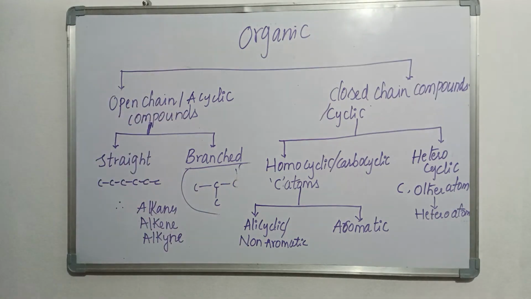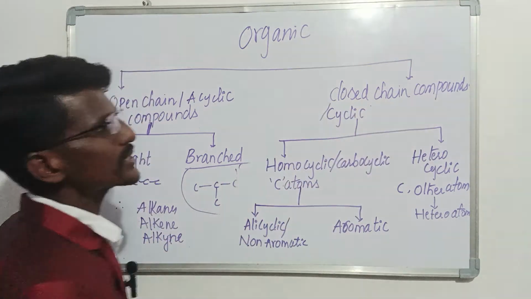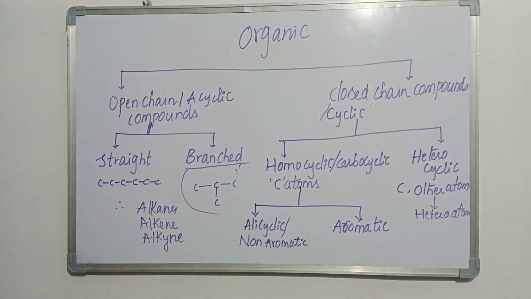So this is about the organic compounds. These organic compounds are classified mainly into two types: open chain compounds, also called acyclic compounds, and closed chain compounds, also called cyclic compounds.